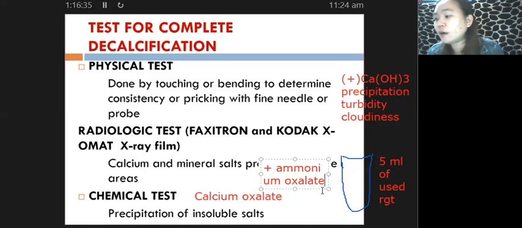I repeat, the cause of cloudiness, precipitate, or turbidity is the presence of your calcium oxalate. Say for example, even after the addition of ammonium oxalate and after standing for 30 minutes, there is no precipitation, turbidity, or cloudiness. This indicates that the decalcification process is complete and you have to stop the decalcification process.